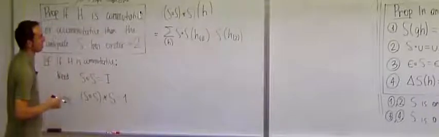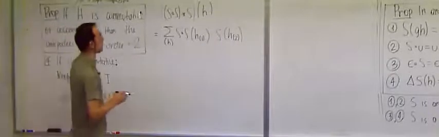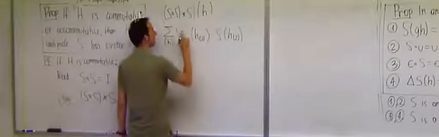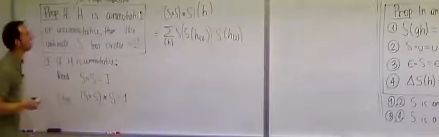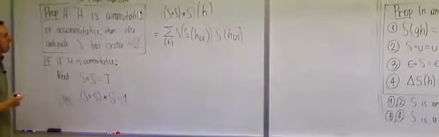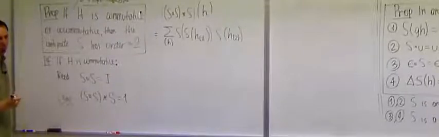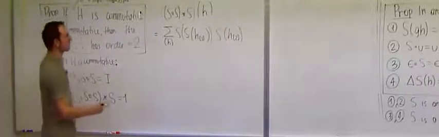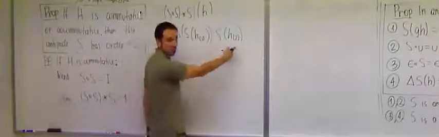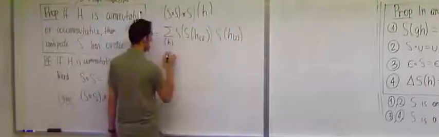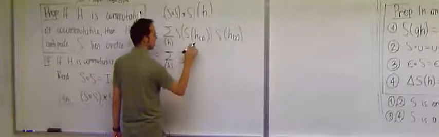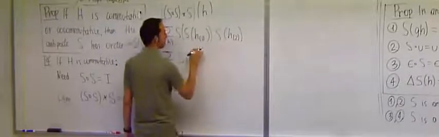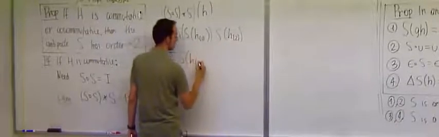Okay? That's the definition. And then we write S of S like this. Okay? And now I'm going to take your suggestion, Brian, that I know what S of something times S of something is. S is anti-multiplicative, so I get this.